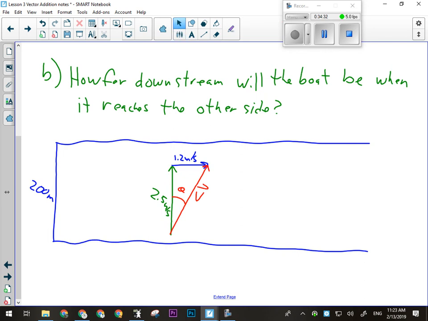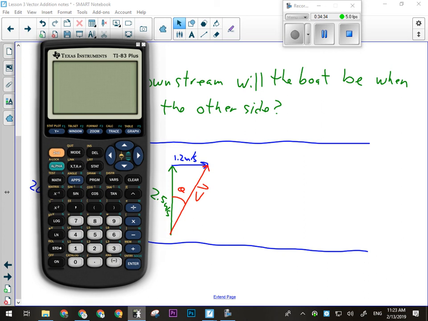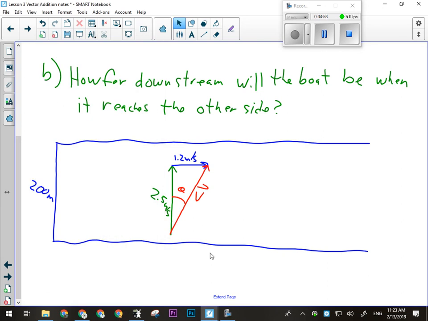To calculate that, I would just take the Pythagorean theorem: 1.2 squared plus 2.5 squared. So the resultant velocity is going to be 2.8 meters per second.